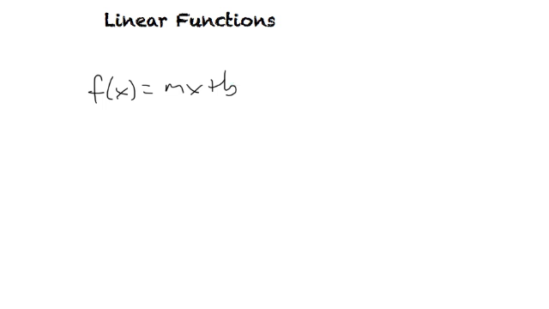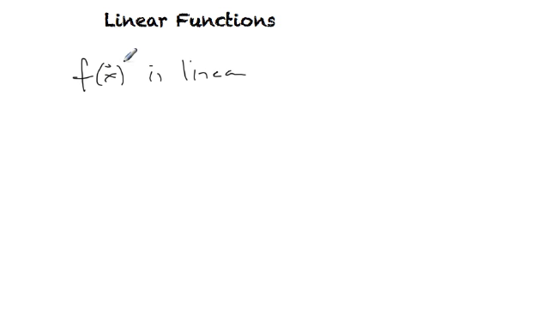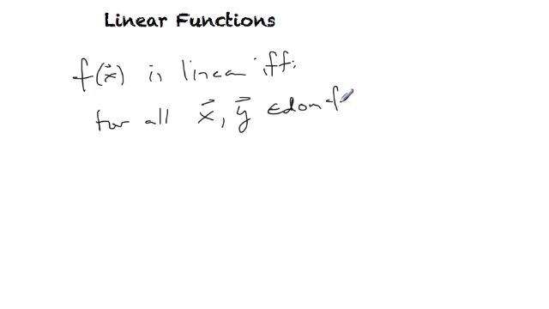Well, what we really mean is a function which fits two definitions. So we say f of x is linear, where x is a vector, if and only if for all x and y which are an element of the domain of f, and for any c, which is a constant real number, we have this.